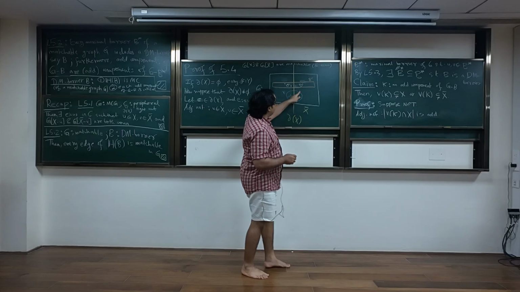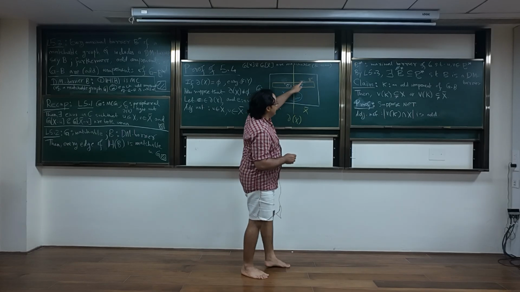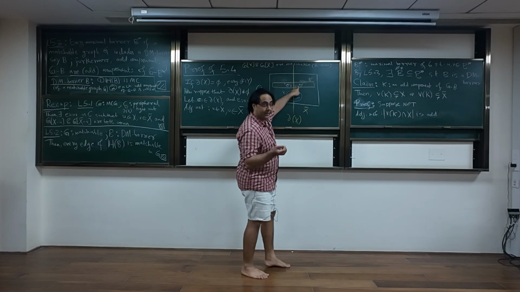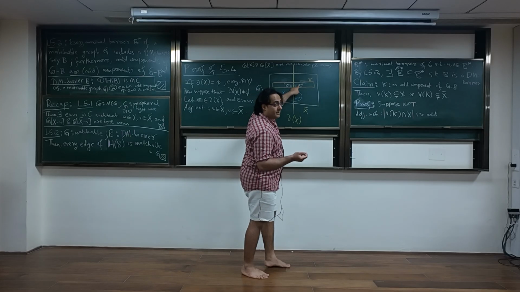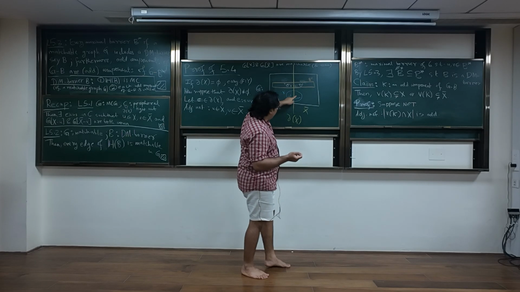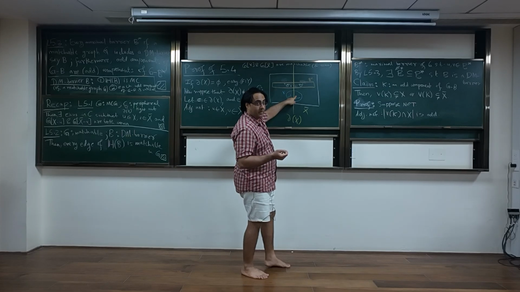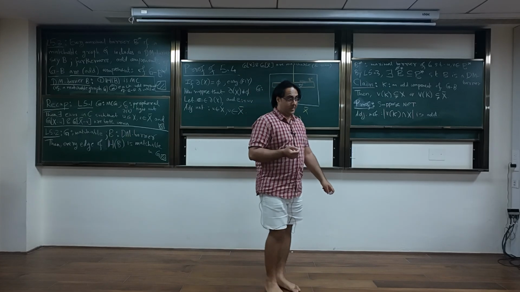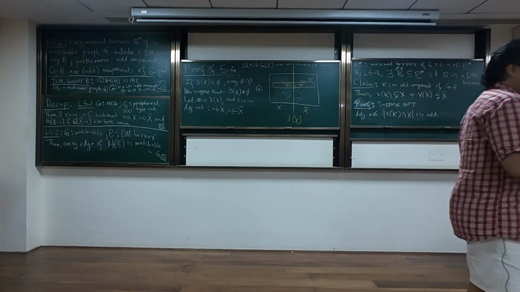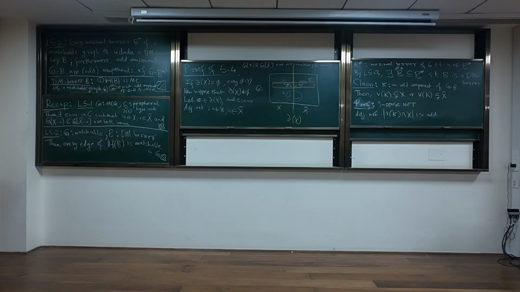But because K is also an odd component after deleting B star, and B star contains a vertex in X bar, in particular the vertex V, therefore this vertex is a vertex in B star that is not here. You all agree? Yeah. B star intersects both shores, and K is an odd component of G minus B star. Therefore, the vertex set of K intersection X bar is a proper subset of X bar. Okay, let's use.